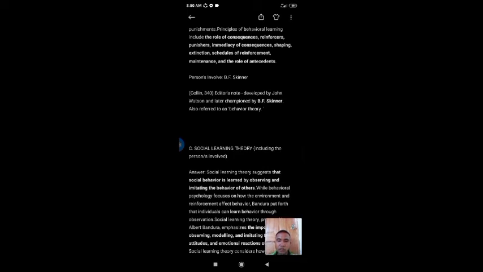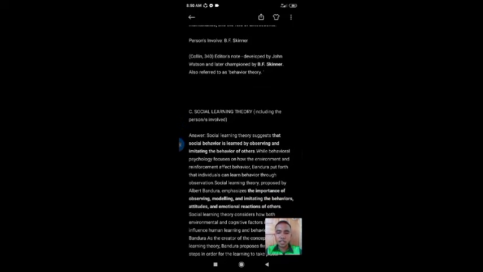So the letter C of this number 2 is social learning theory. Social learning theory suggests that social behavior is learned by observing and imitating the behaviors of others, while behavioral psychology focuses on how the environment and reinforcement affect behavior. Bandura put forth that individuals can learn behavior through observation.